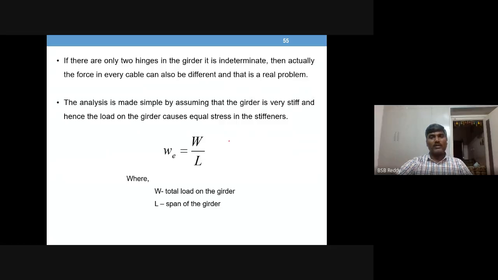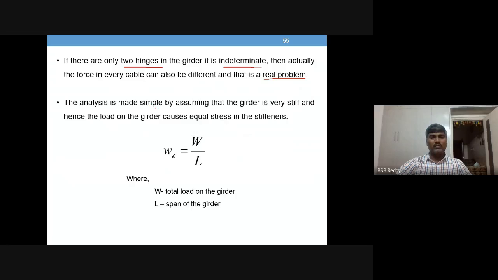So let us see what extra condition is required here. If there are only two hinges, then it becomes indeterminate, as we just saw. The force in every cable can also be different, and that is the real problem for us.